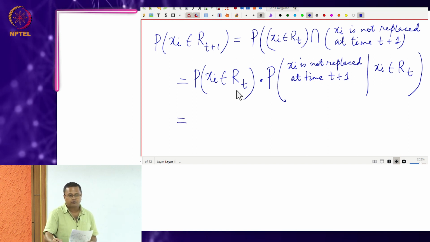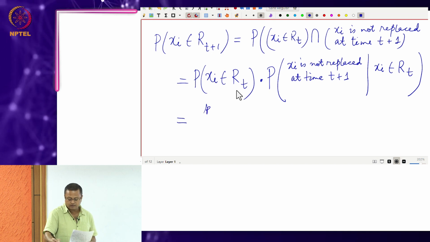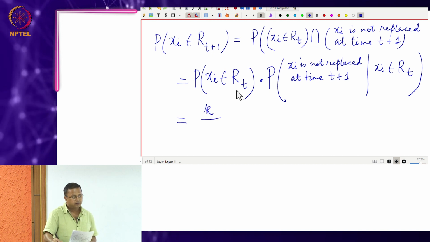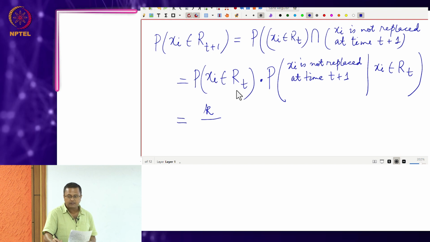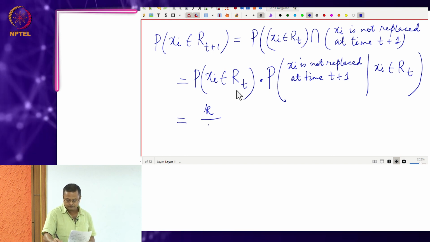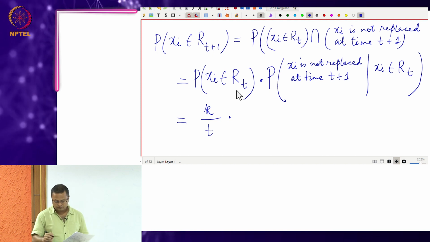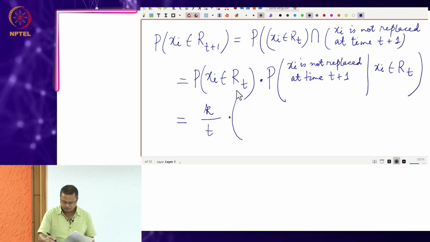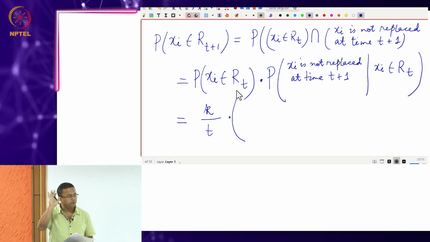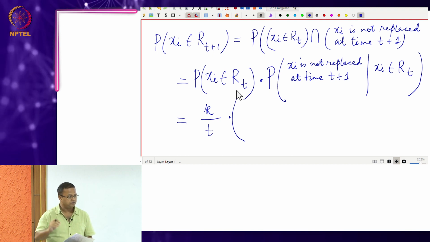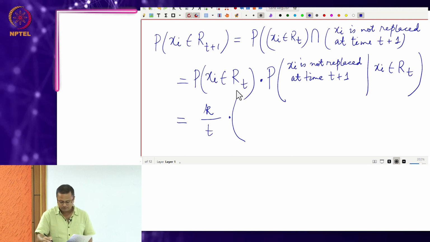Now, my induction hypothesis tells me that this is k by t into, conditional probability is a probability that we have proved. So, I can now take complements.